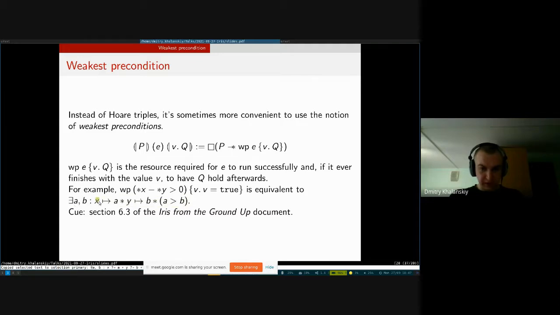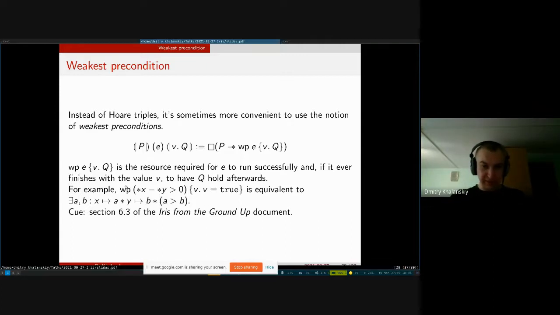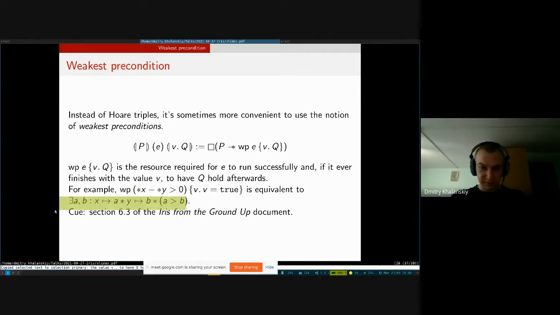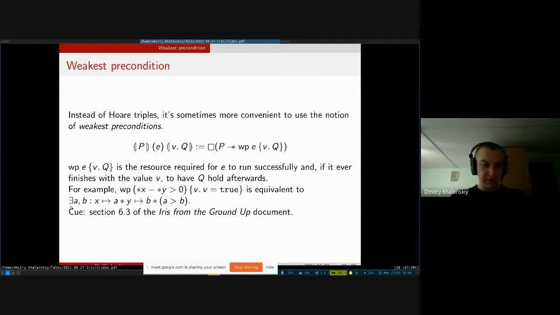That is, we own some X that points to some A, we own a Y that points to some B, and A is greater than B. But in fact, this statement does not reduce to this one. It reduces to something else entirely.